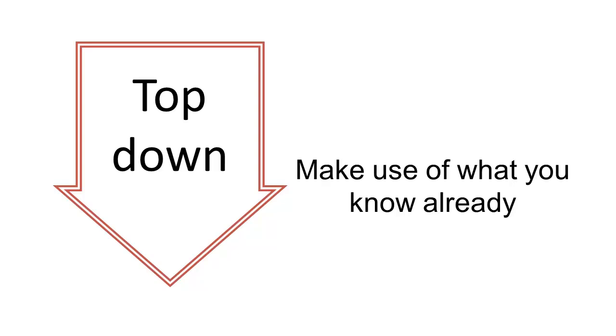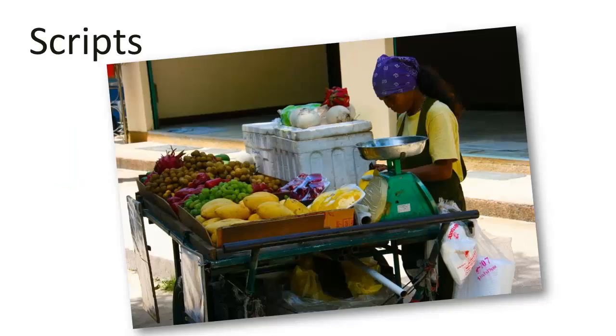So top-down processing makes use of what you already know: the situation, the structure of the language, the content of what it's going to be. This can be in the form of scripts, similar to the one I looked at before, but also something like this. So if you walk up to this stall, you can probably predict how the conversation's going to go. Can I help you? I'd like some oranges, potatoes, whatever.